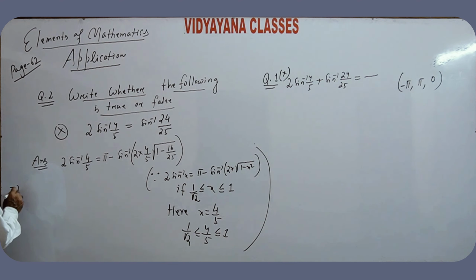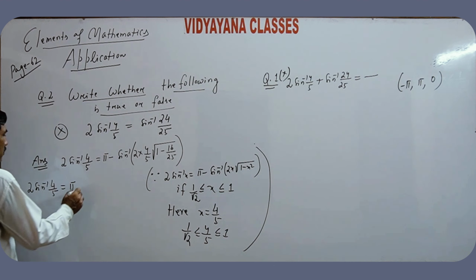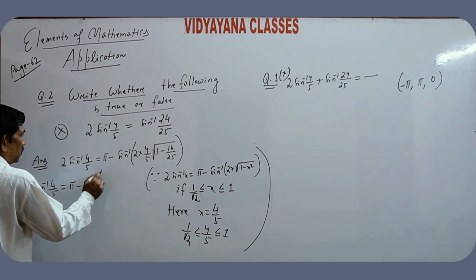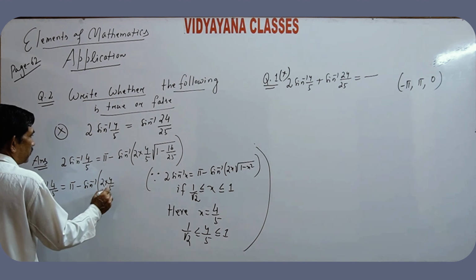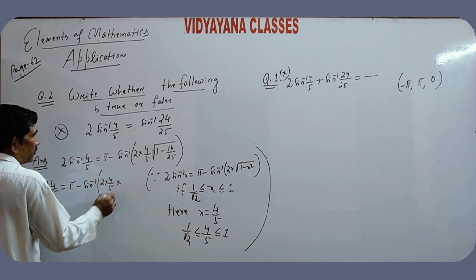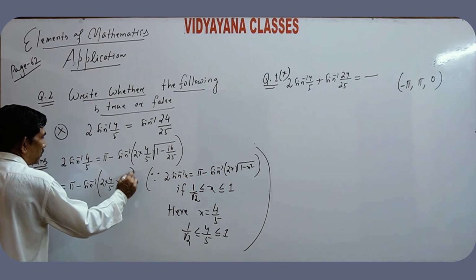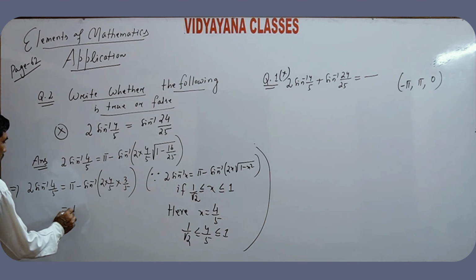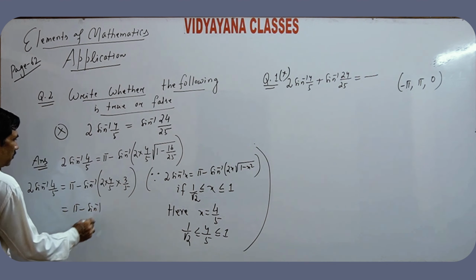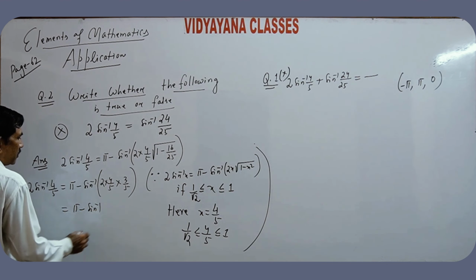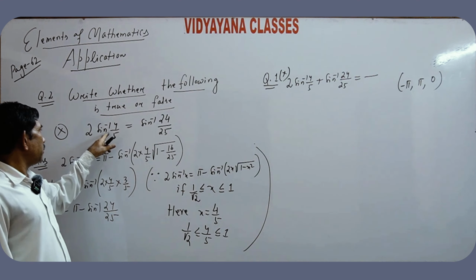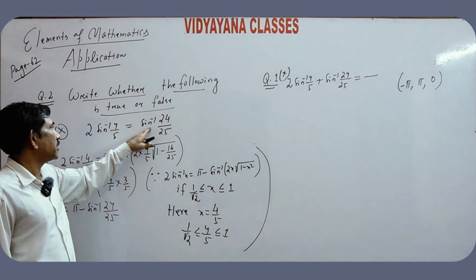Which implies 2 sin inverse 4 by 5 is equal to pi minus sin inverse of 2 into 4 by 5 into root of, which is 3 by 5, which is the same as pi minus sin inverse 24 divided by 25.